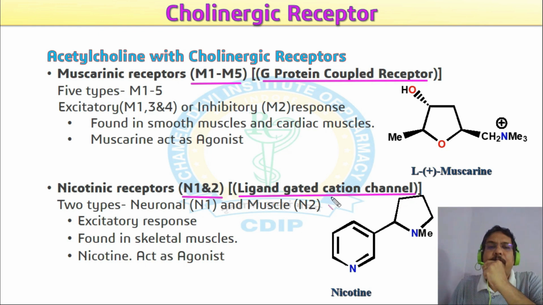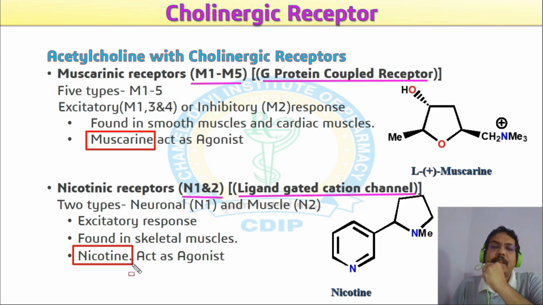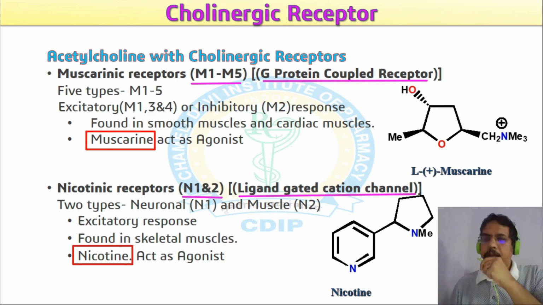So for these two receptors, muscarine is an agonist for the muscarinic receptor, while nicotine is an agonist for the nicotinic receptor. But acetylcholine is the natural neurotransmitter for both of the receptors.